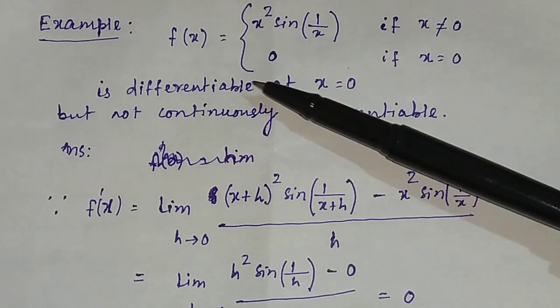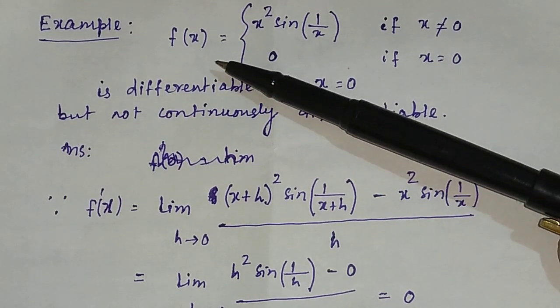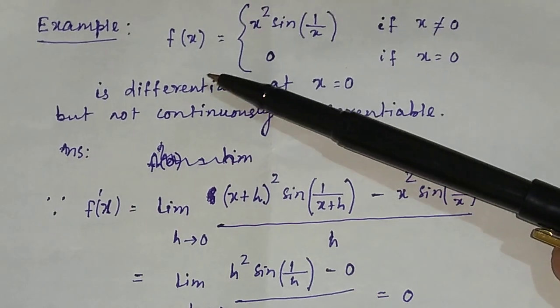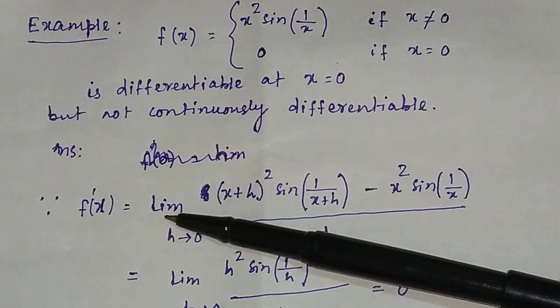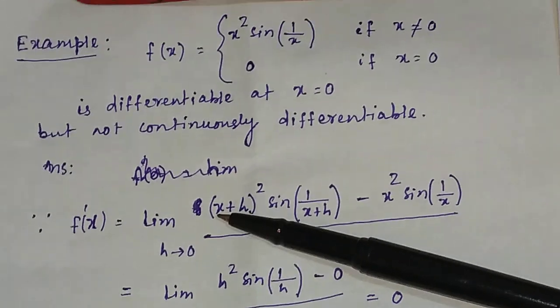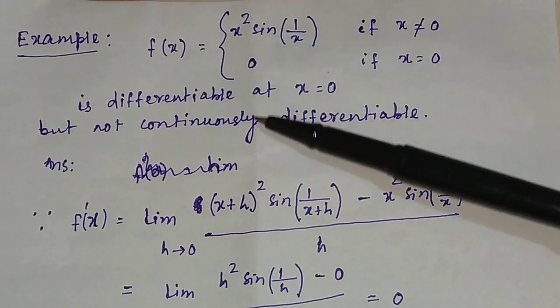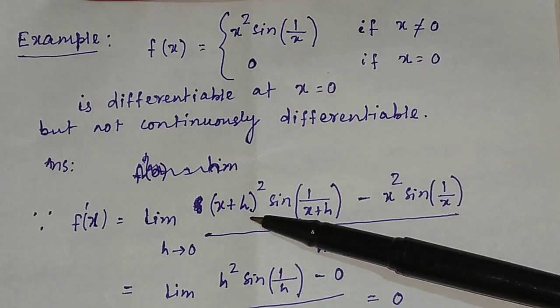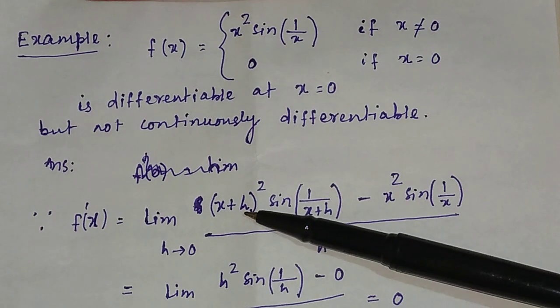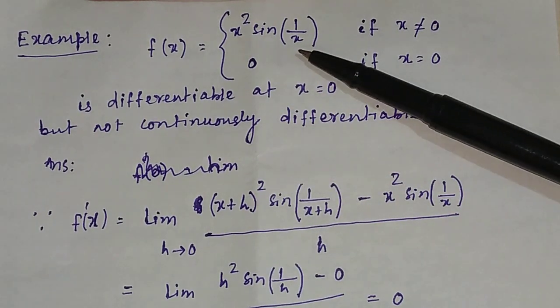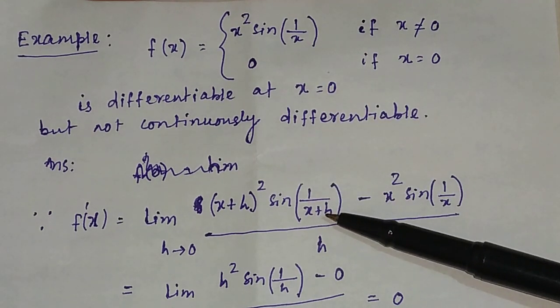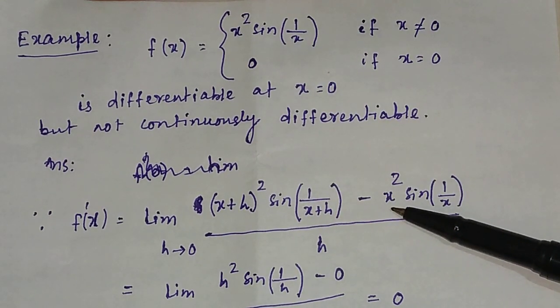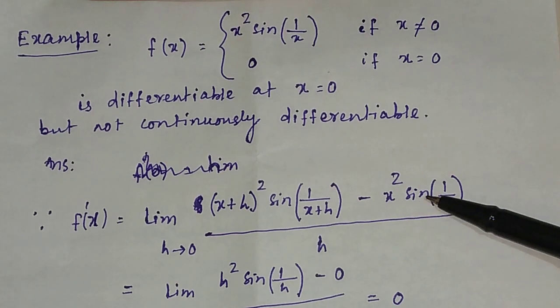Let us verify it. The first derivative of the function f of x, that is f dash 0, is equal to limit of, taking the increment in x, h square sine 1 by h minus 0, divided by h, as h approaches 0.